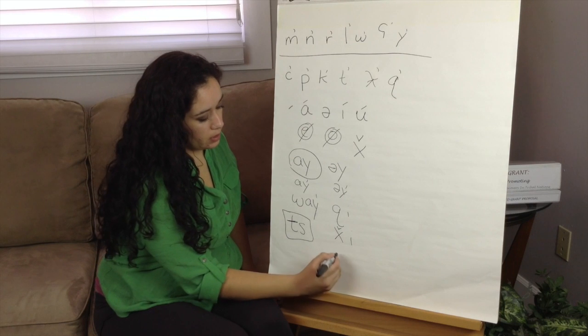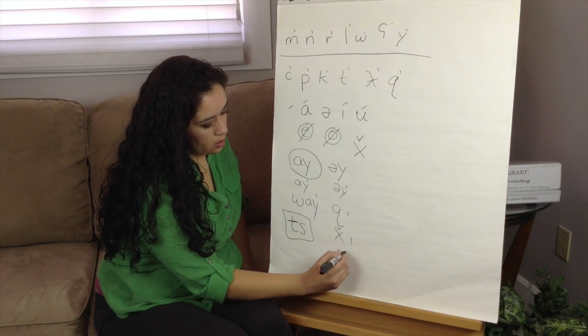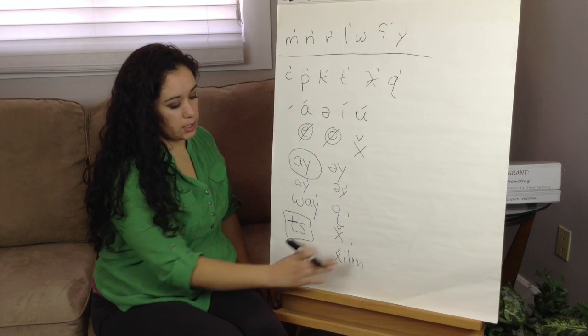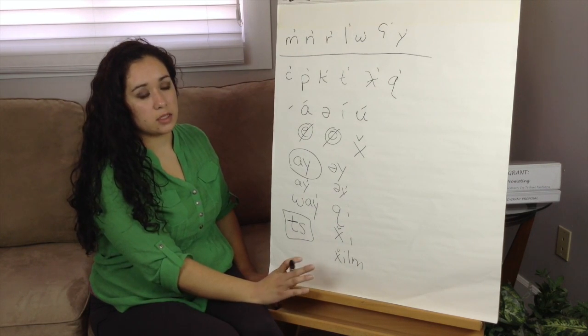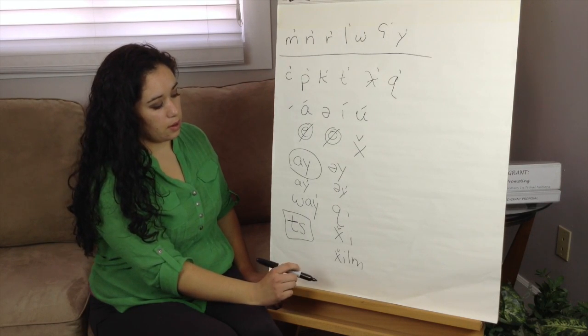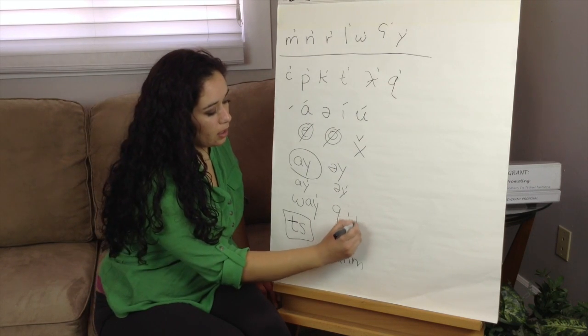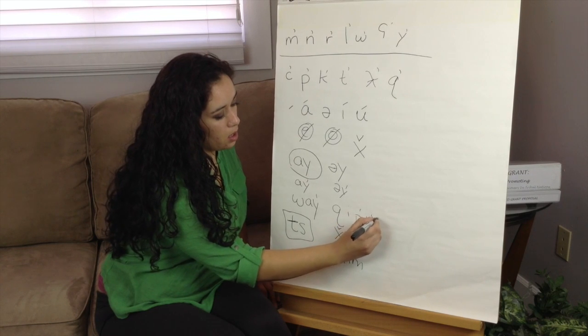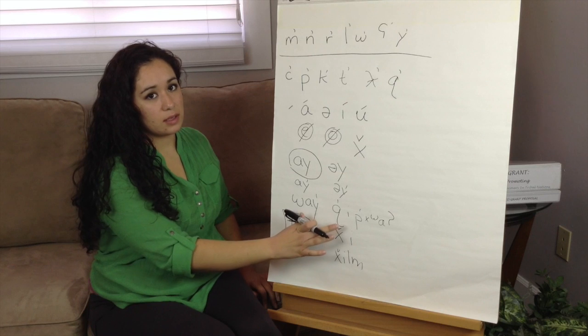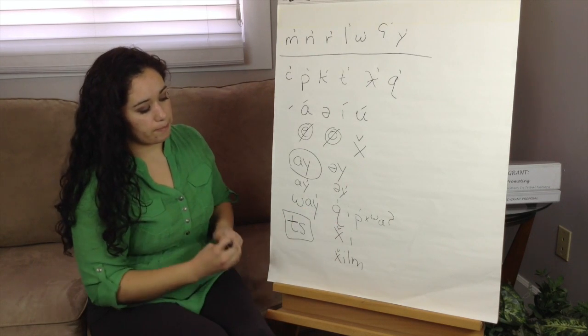So if you were to say the word chaylam, it says I, so it doesn't say E. It's not chaylam, it's chaylam. Or Aipwa. So instead of Aipwa, it's Aipwa.